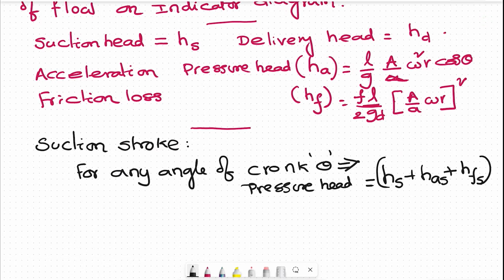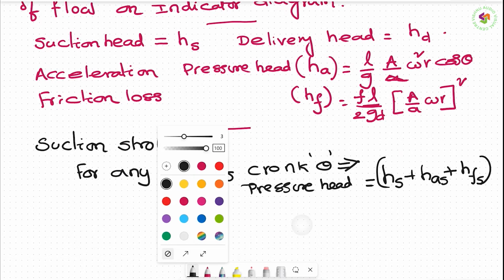This is general, total. Now let us take one after the other.